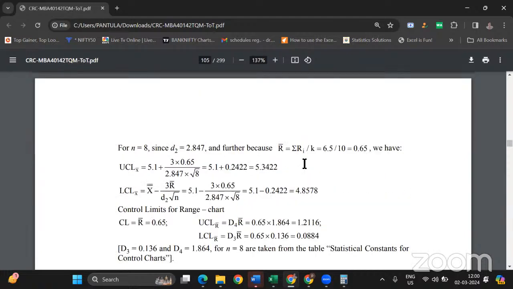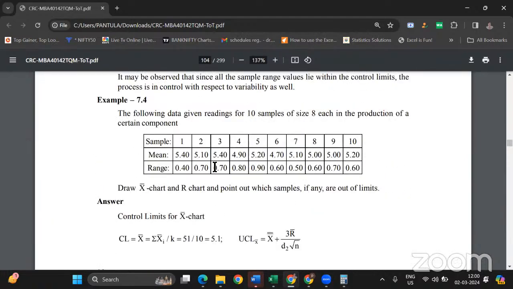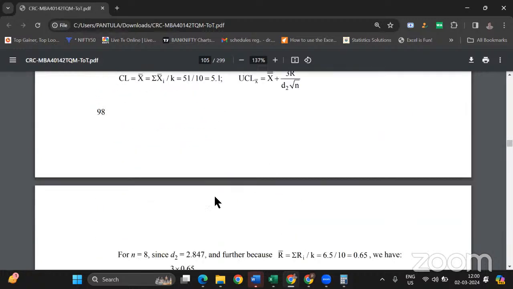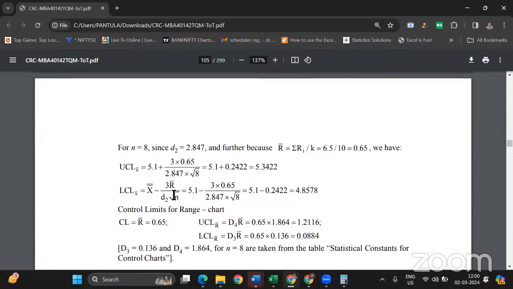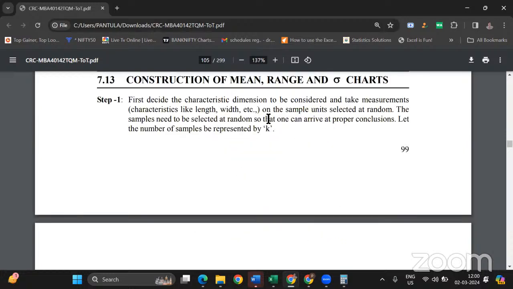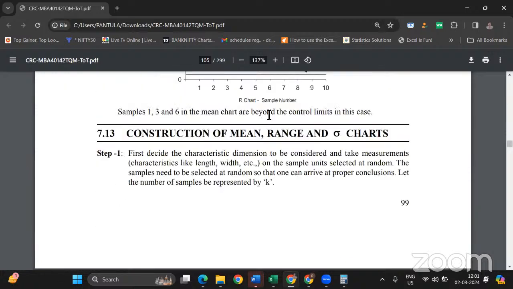Very simple. We need to understand the formula for control charts, like control limits for X bar, upper control limit and lower control limit. We need to keep those values as the upper and lower lines and place them. Next, construction of mean and range charts.